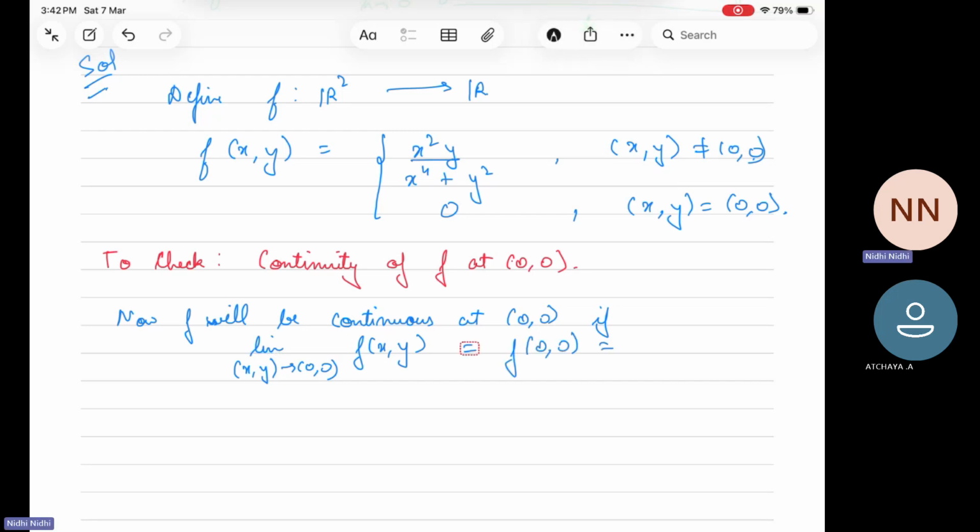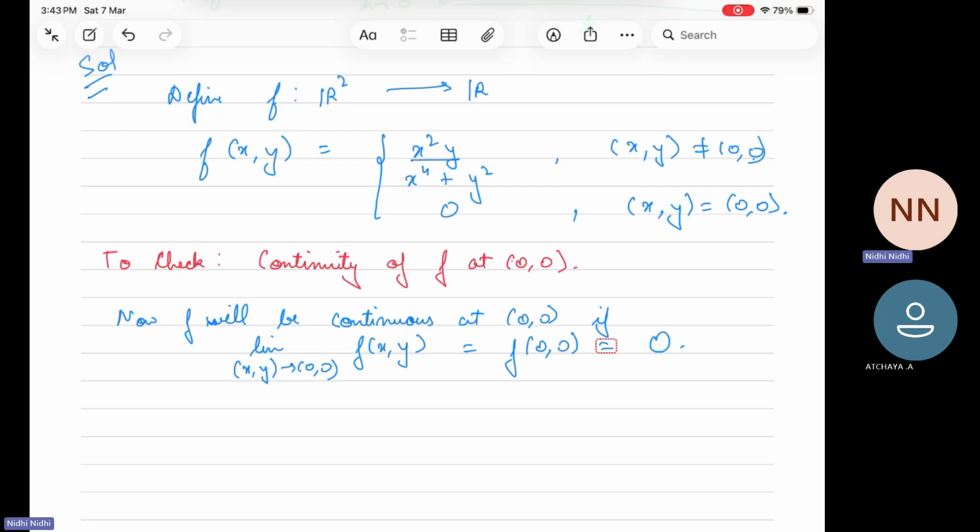Now we know that the value of the function at (0, 0) is just 0. If the function is continuous, then this limit should exist and should be equal to 0. So let's see whether this limit exists or not.